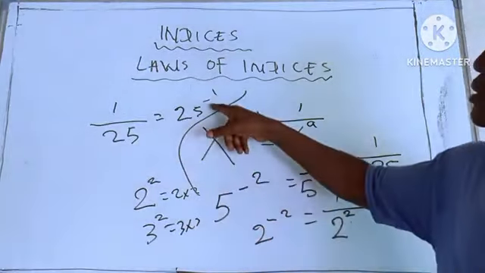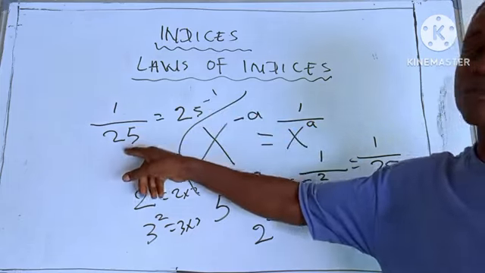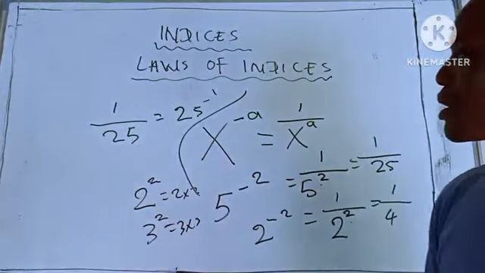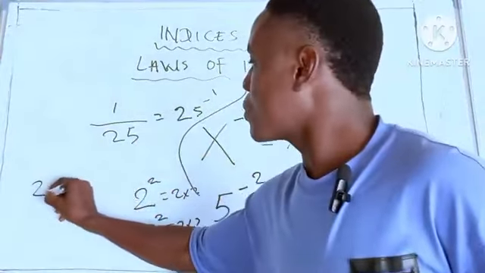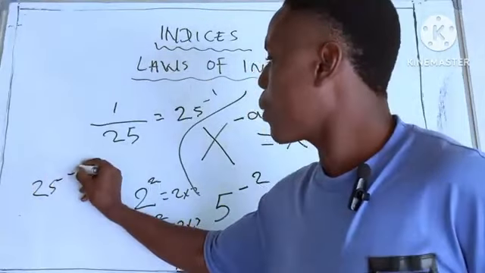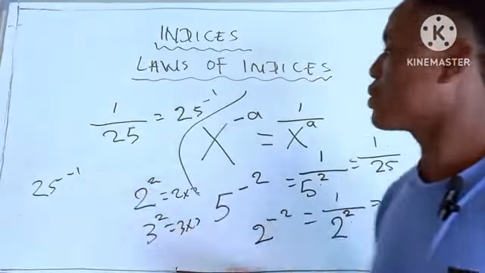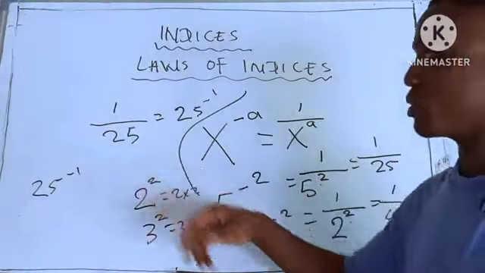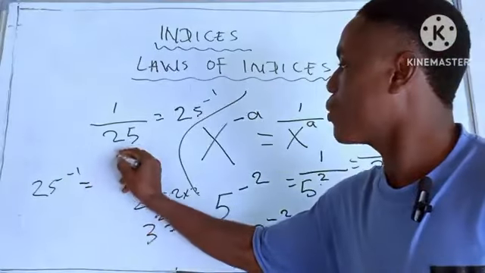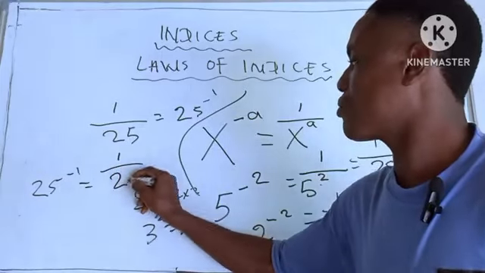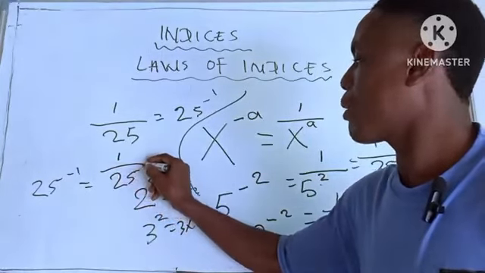Now, if you want to change it, it will be in this format. Meaning that if they give you something like 25 raised to power 1, pay attention, it becomes 25 raised to power minus 1. So it will be 1 all over 25 raised to power 1.